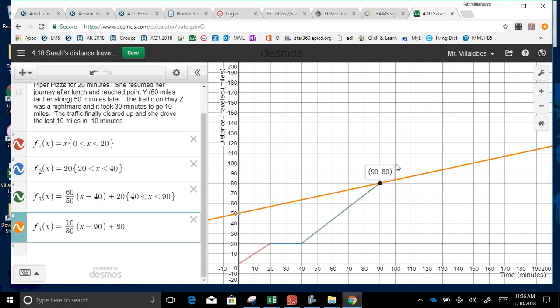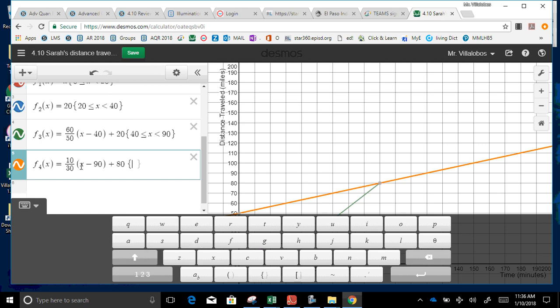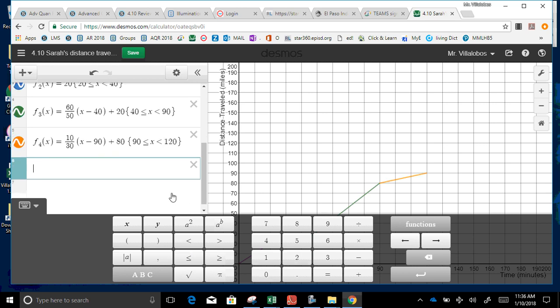Okay, but I need to restrict it for only 30 minutes. So this is at the 90-minute mark, less than or equal to x, less than or equal to 30 minutes plus 90 minutes is 120. So you see that's 30 over and 10 up.